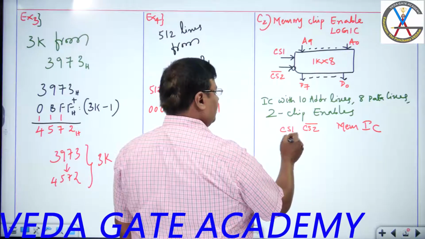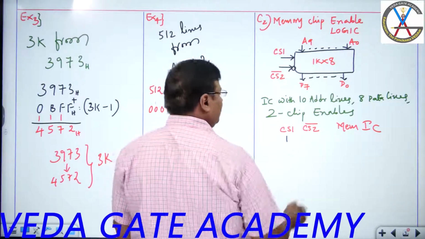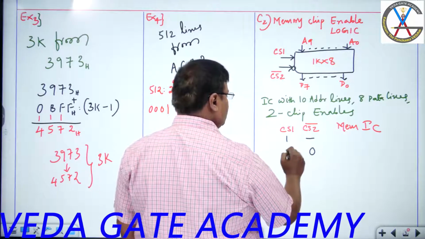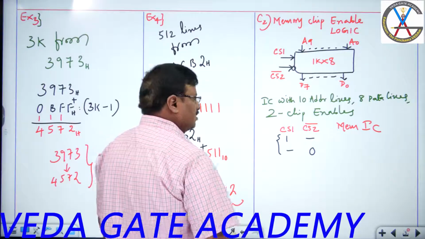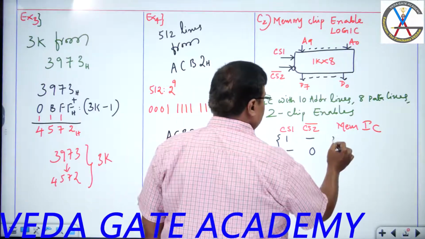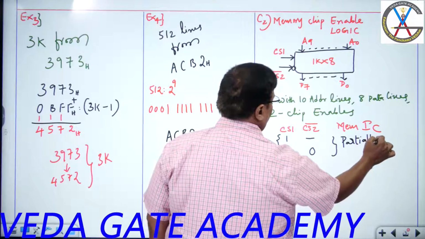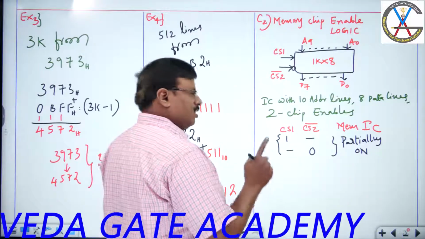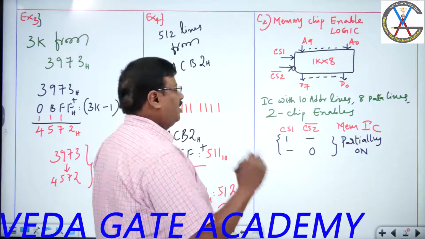If I get CS1 as 1, so high enable is high. So low enable is low. This is not known. So in the first case, out of 2 enable signals, 1 is known, the known is on. This is called partially on.